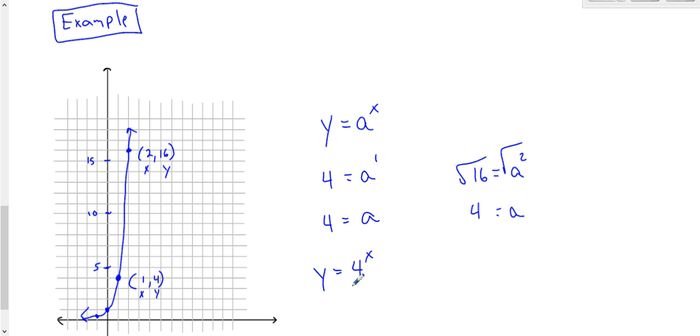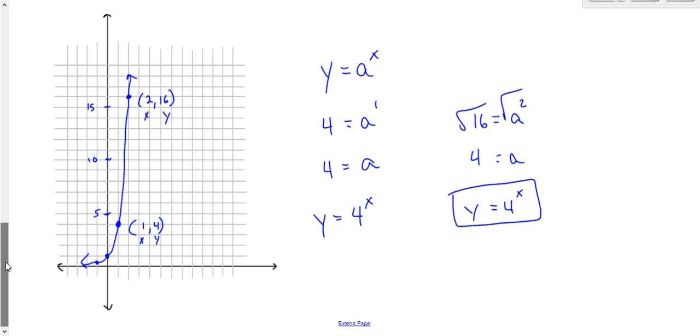And again, I would see that my function would be y equals 4 to the x. So not too hard. You just need to know what to look for. Every time, if your graph goes through (0, 1), you can look at that first point, (1, 4), and basically know that your a value is going to be 4, or whatever the y value is.